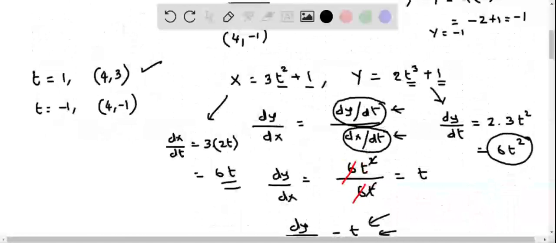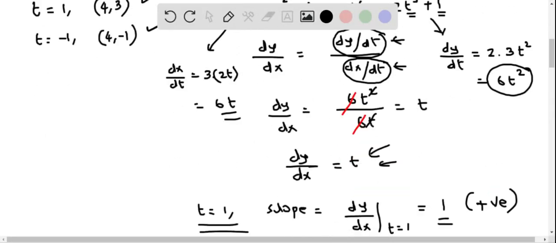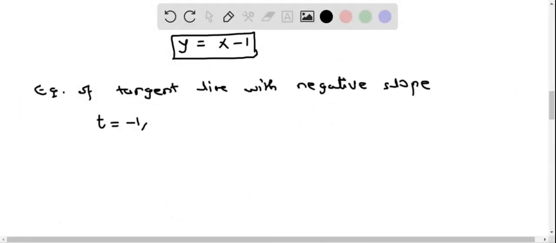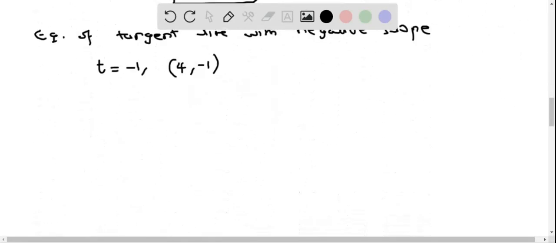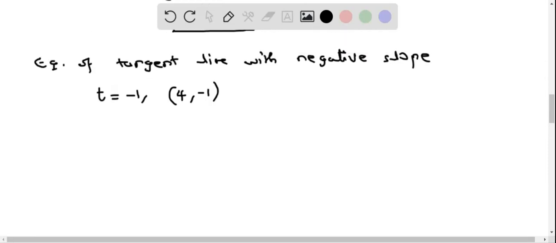The point is 4 comma -1 when t equal to -1. So we use the point 4 comma -1, and the slope is -1. We use this when t equal to -1. So we see that the slope is -1.